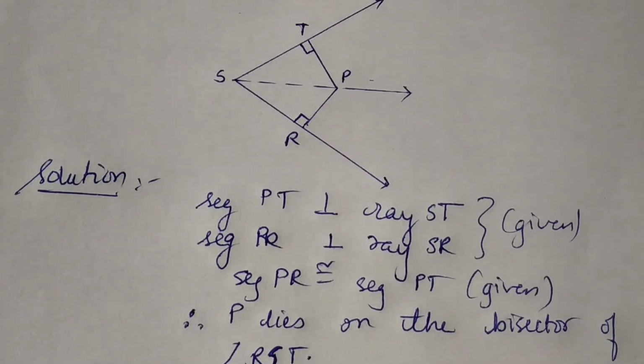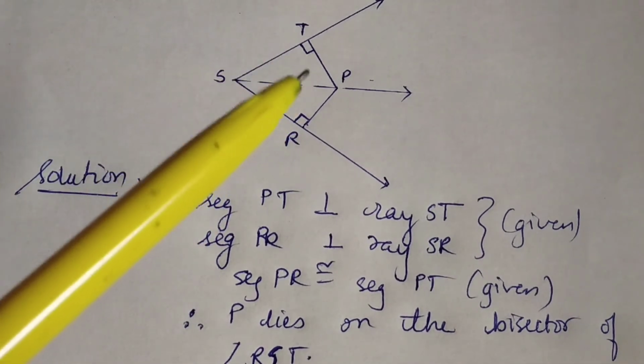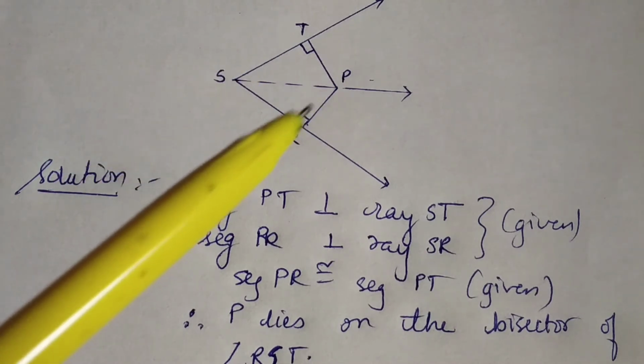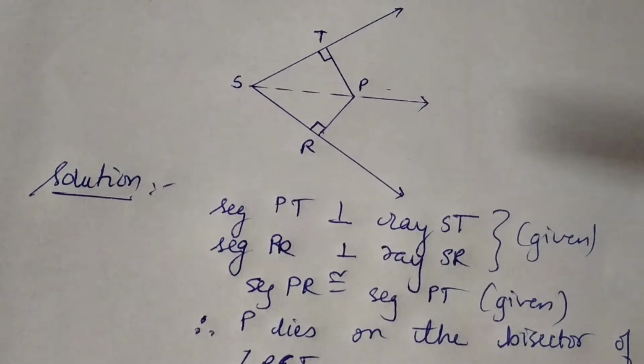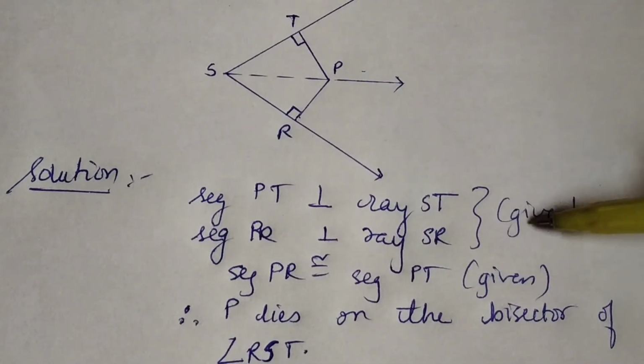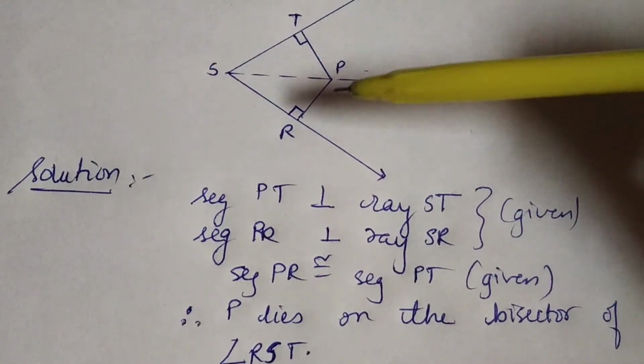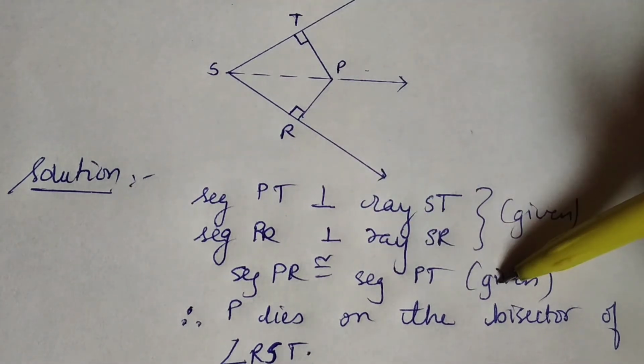As given in the question, I first write down PT is perpendicular to ST, PR is perpendicular to SR. This is given to us, so we write down given. Also PR is equal to PT is given to us, which we write down here.